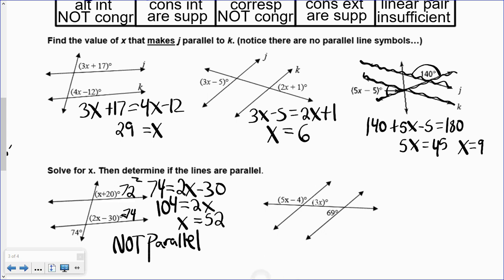These two? Okay, so sorry I have to stand on the board, but you can write 5x minus 4 plus 3x is equal to 180. So that's the definition of linear pair. They should be supplementary.